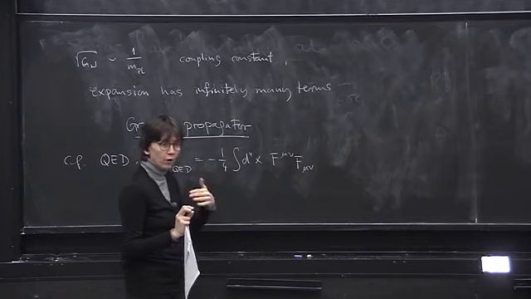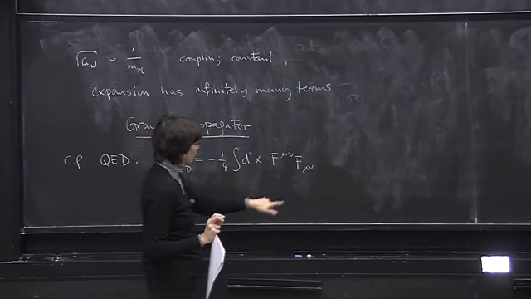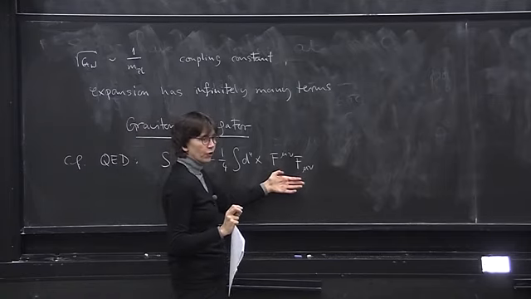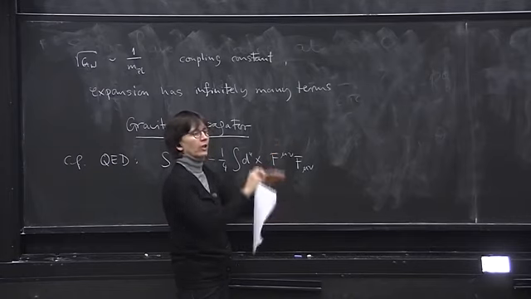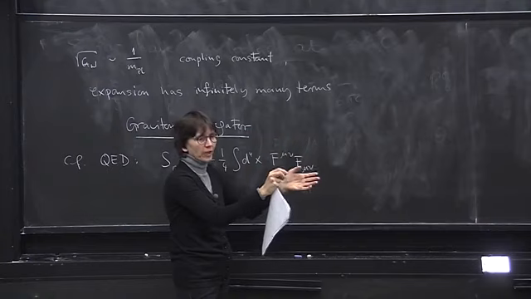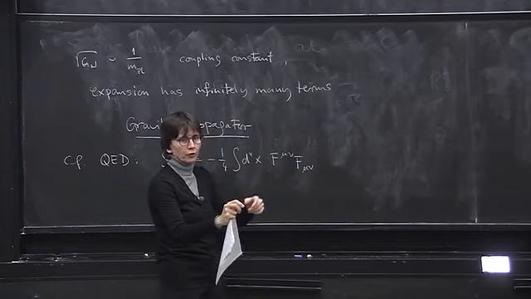And what you do in order to extract the propagator from this is you write it in a form that is a photon field, an operator, times another photon field.